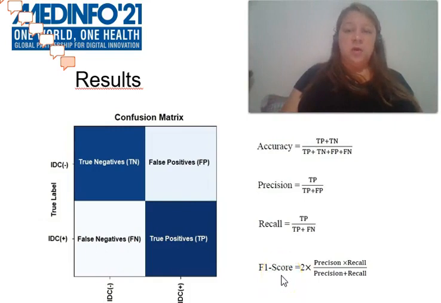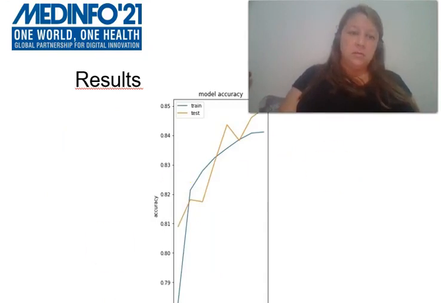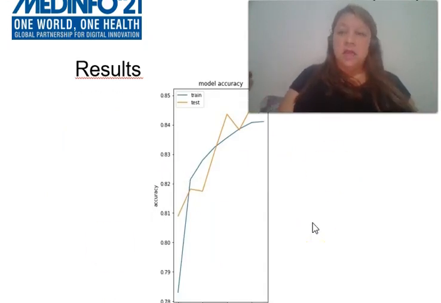F-score is a harmonic average between precision and recall, and indicates the overall quality of the model. This figure visualizes the accuracy of the 3-layer CNN during training and test. The maximum accuracy is 85%.